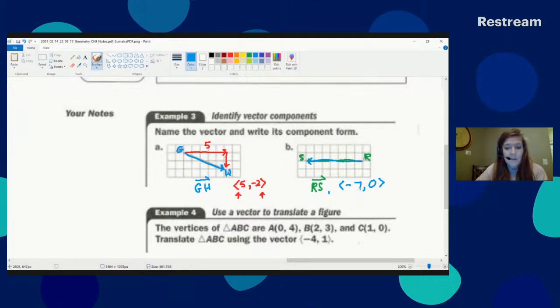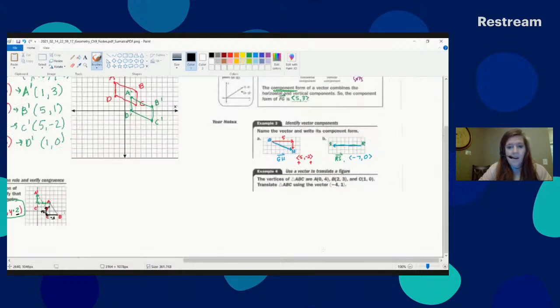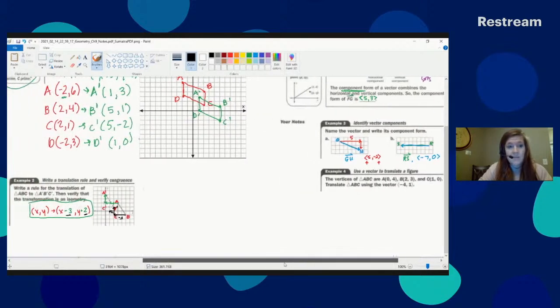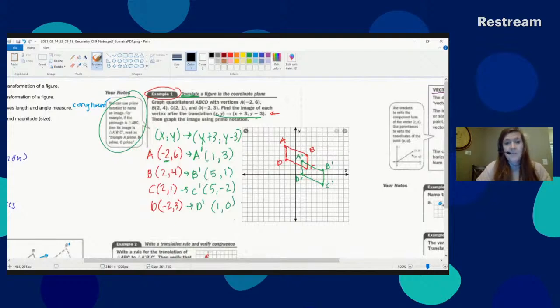All right, so why are we learning about these vectors? Well, we can use vector form just like we use the translation form. I'm going to go back to the example where we had to translate a figure on the coordinate plane.